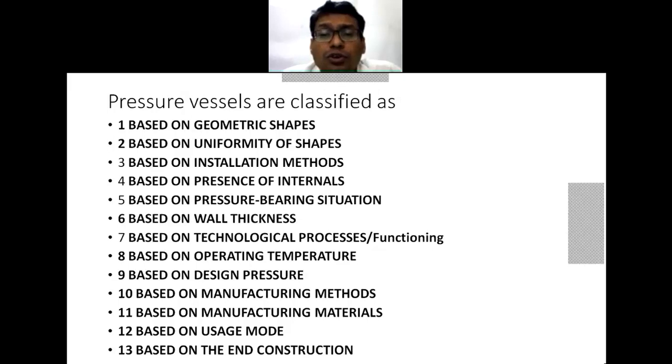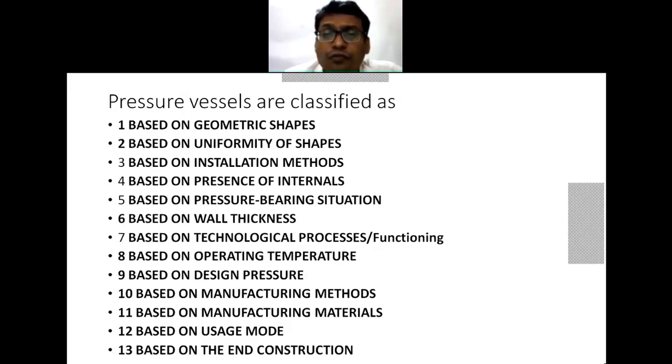Then you can also have the manufacturing material of construction, then usage mode, whether it's a batch process or continuous process, and finally the end construction, whether it is open-ended or closed.